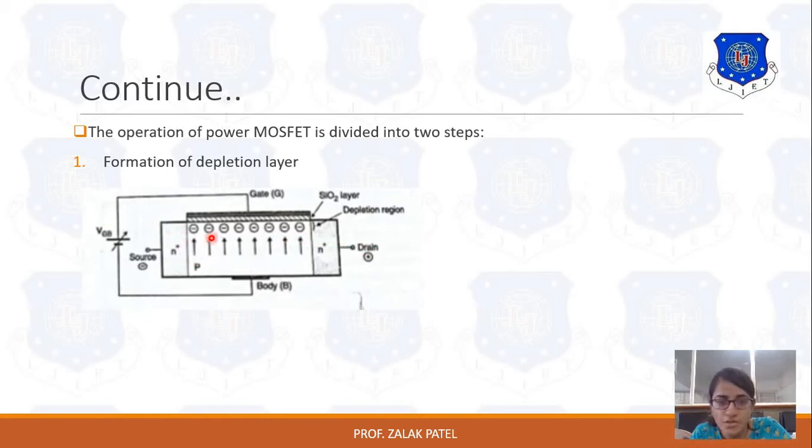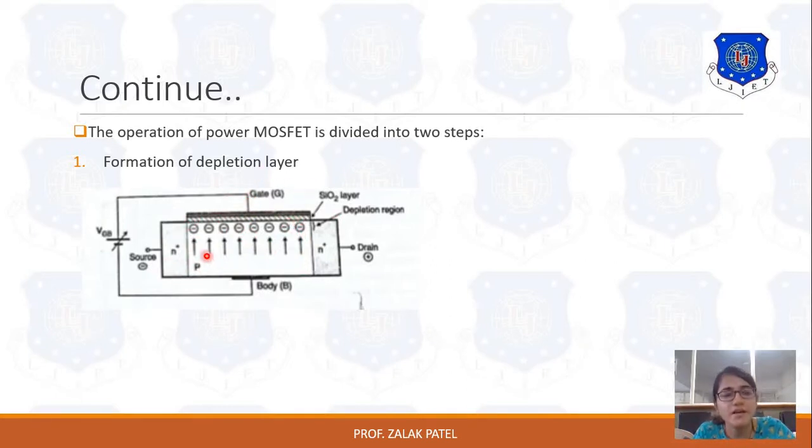Because of this positive voltage applied, the electrons, because they are a minority carrier, move out from this P terminal, and the majority carriers, holes, remain as they are. Because of this, the electrons go in the upward direction and get attracted to the gate terminal.